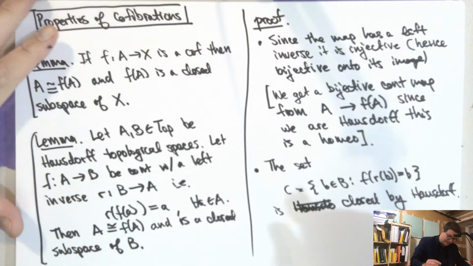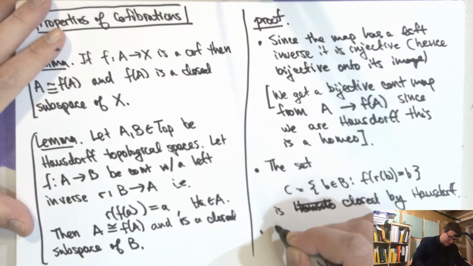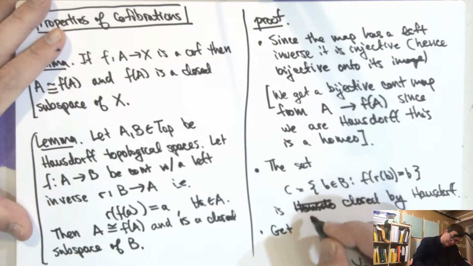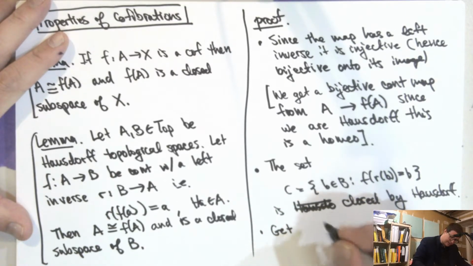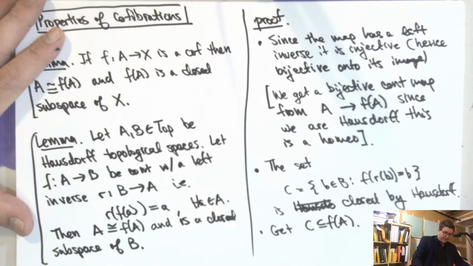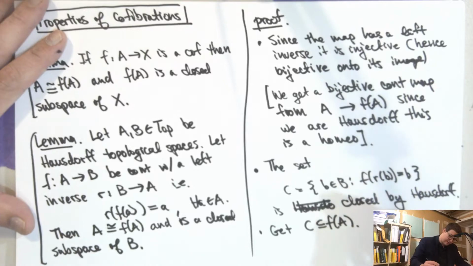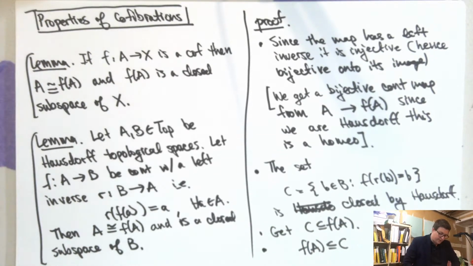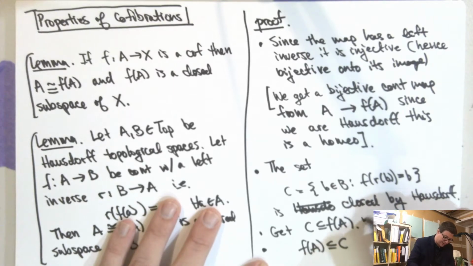Clearly, we get that C is a subspace of f of A, and f of A is a subspace of B. This is what we need, and this one we need to check.